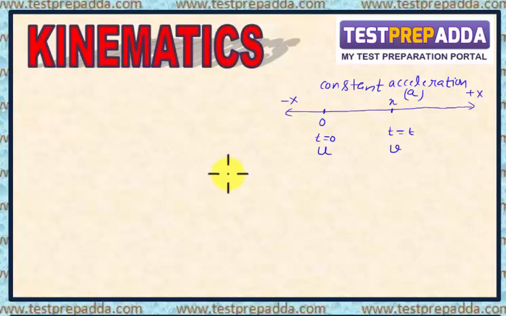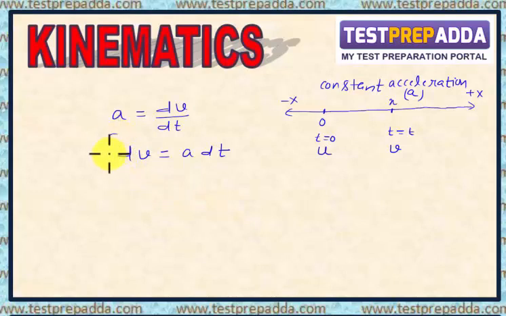Now, we have already learnt the acceleration as dv by dt. So I can write this as dv is equal to a dt.